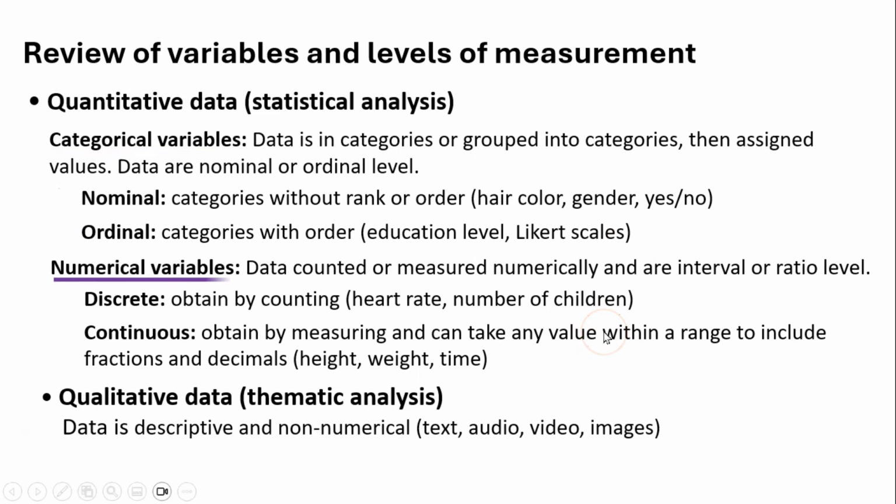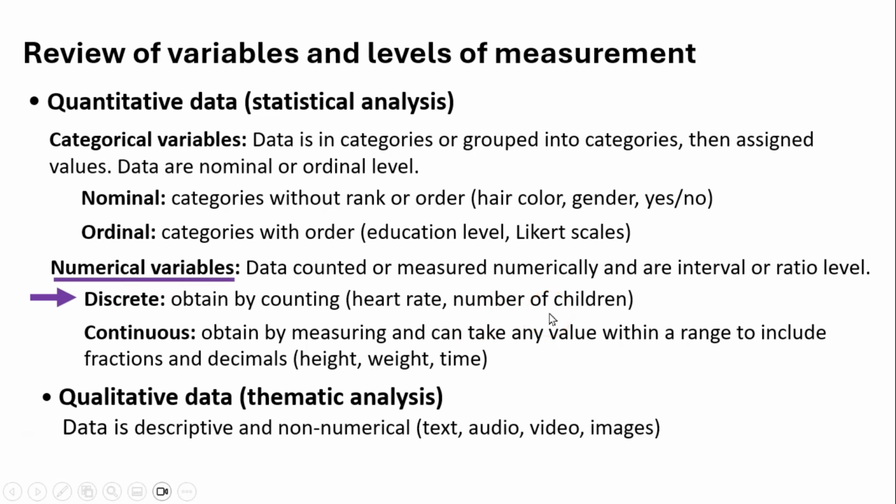Then the other main type of quantitative data are numerical variables. In this case, data counted or measured numerically and are in the interval or ratio level of measurement. And there are two main types of numerical variables. One is discrete. This is data that's obtained by counting, such as heart rate or number of children.